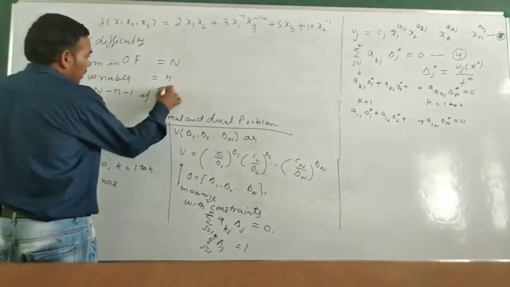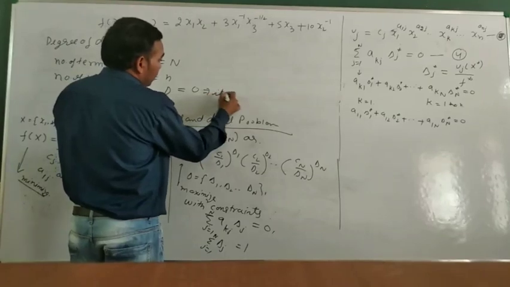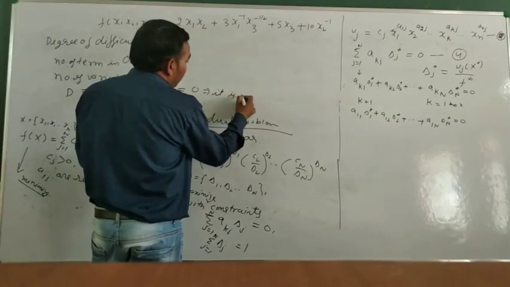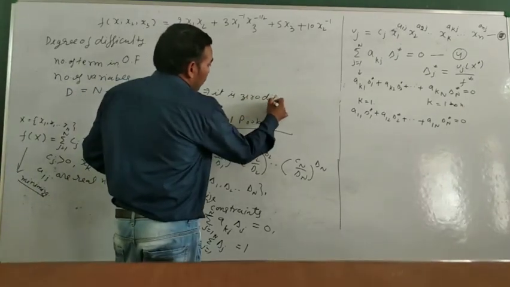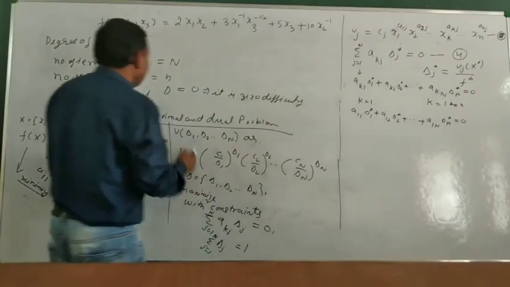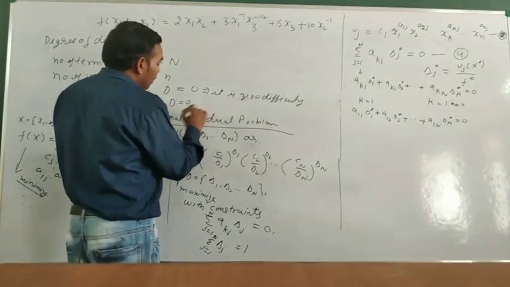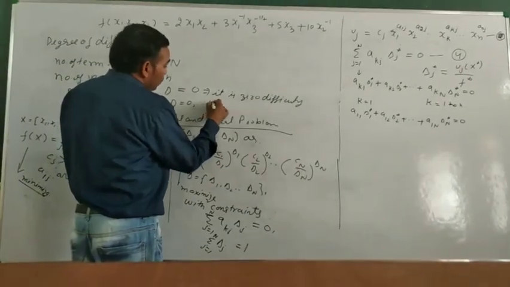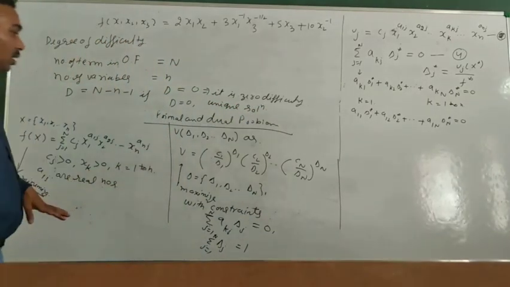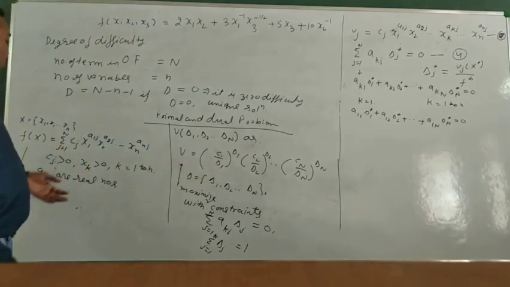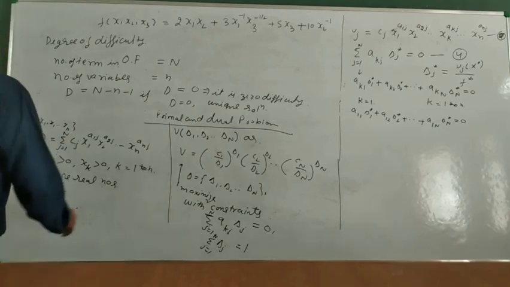If d equal to 0, it is the problem of zero difficulty. If d equal to 0, simply we can solve, we can get a unique solution. We can get del 1, del 2 and so on, and with the help of del 1, del 2 we can simply get x1, x2, xn.